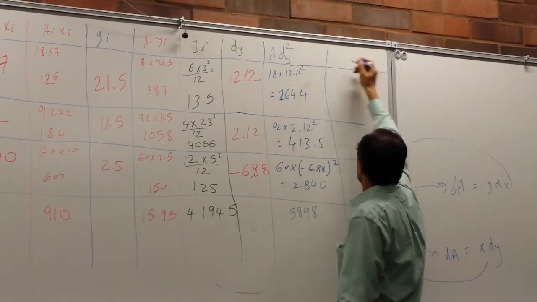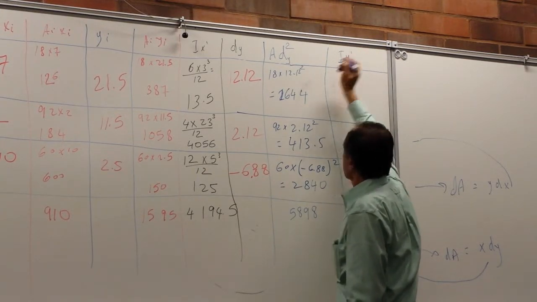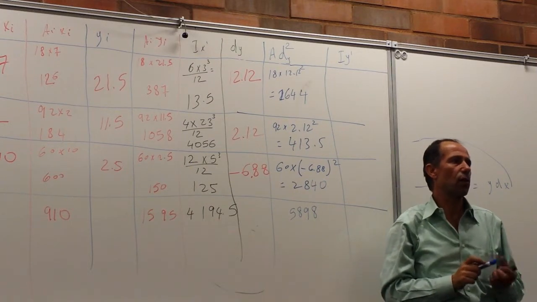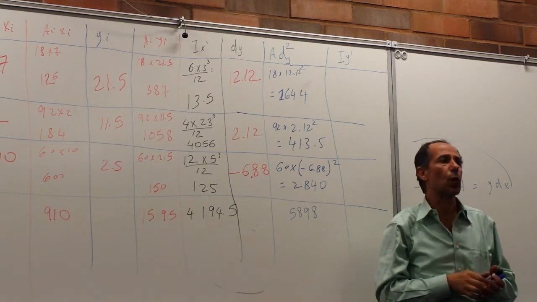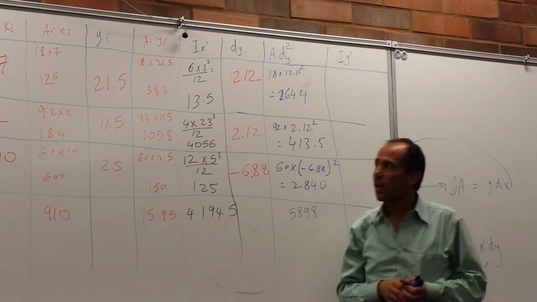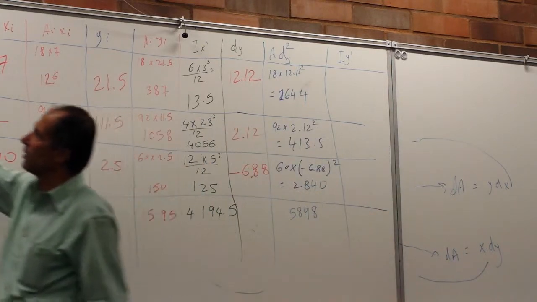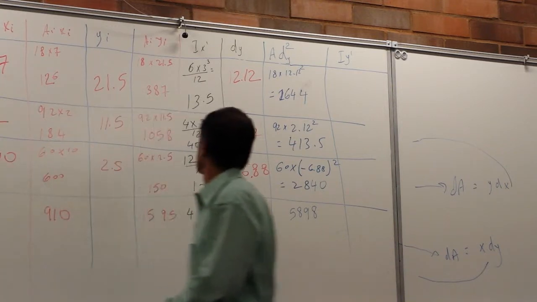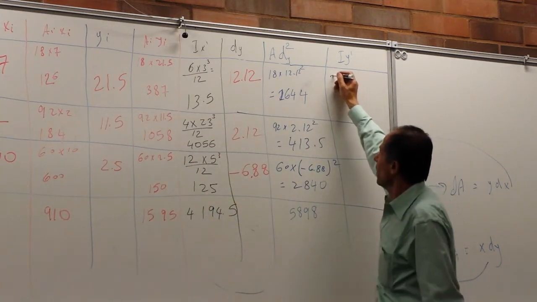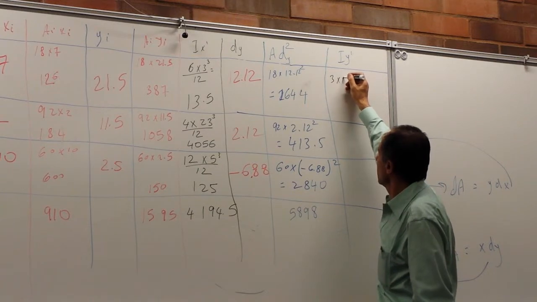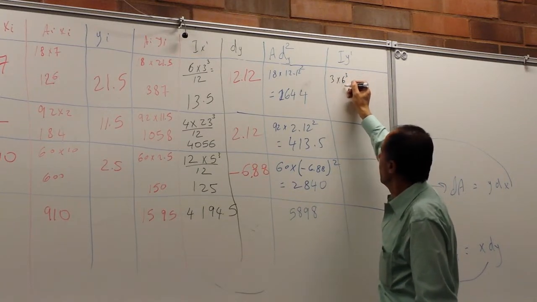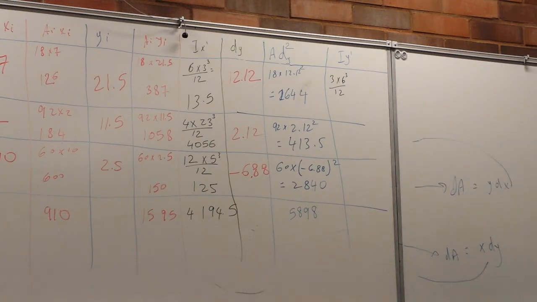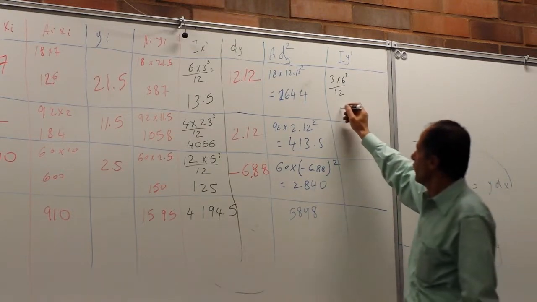Let's go now to the Iy prime. We need to calculate now each moment of inertia on Y direction at its own center of gravity. So I'm grabbing this element. On Y direction it is going to be what? 3 times 6 cubed over 12, 54.